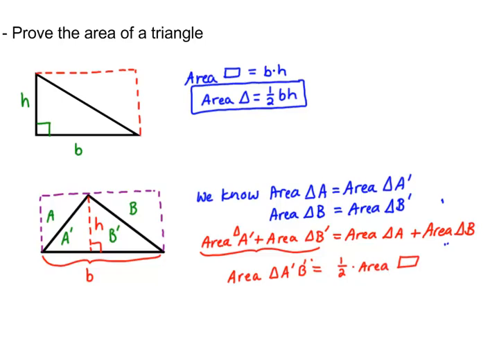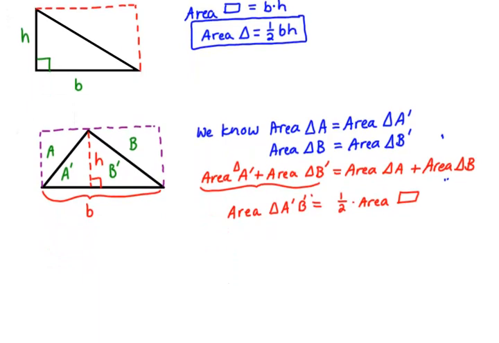And we know that the area of a rectangle is base times height. So that's equal to 1/2 times my base times my height. And that's it. Okay, so that's an acute triangle.